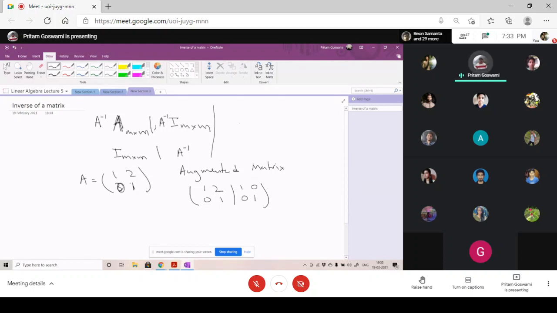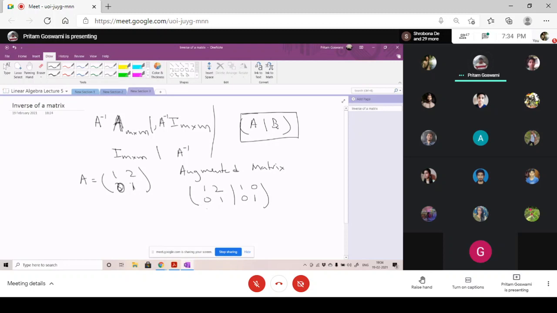This is one kind of augmented matrix. Basically, if I have two matrices, you can always write them like this, and this is called an augmented matrix. Here the B matrix is basically the identity matrix.